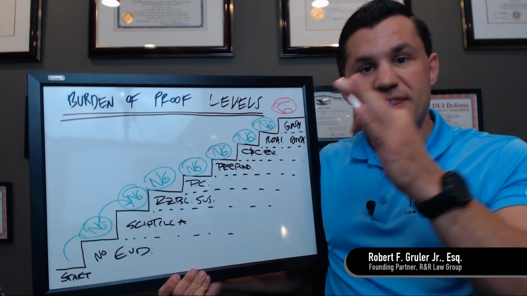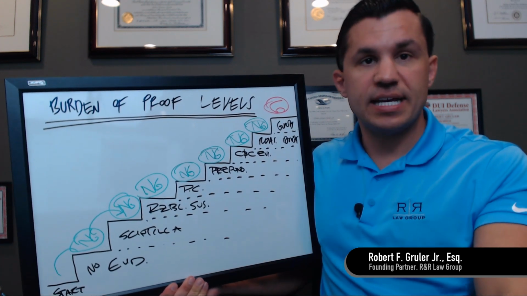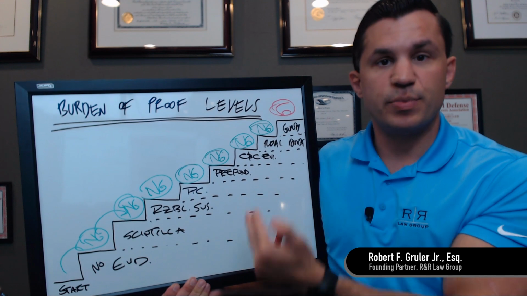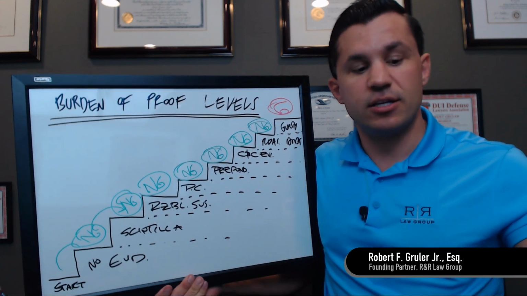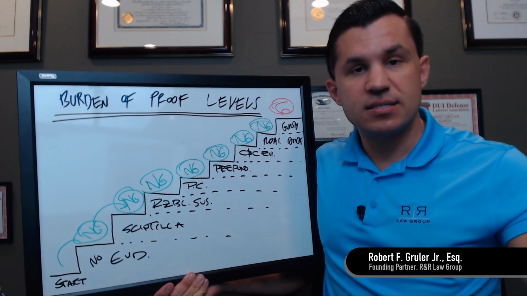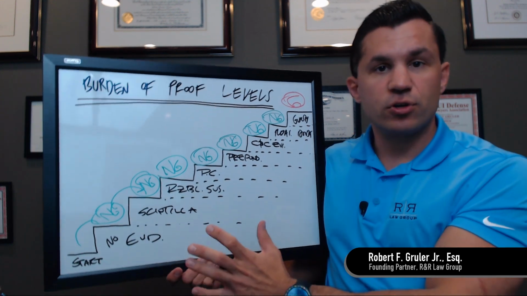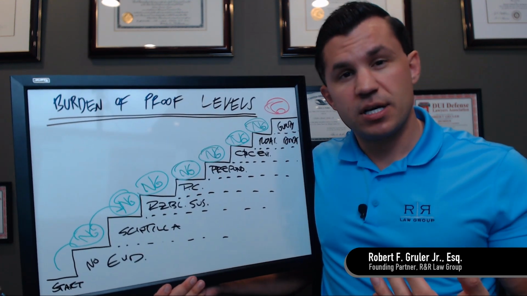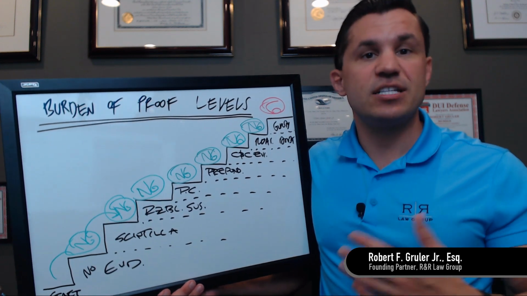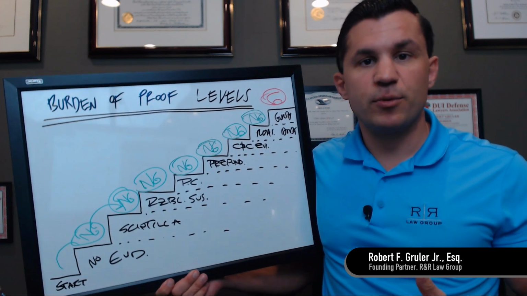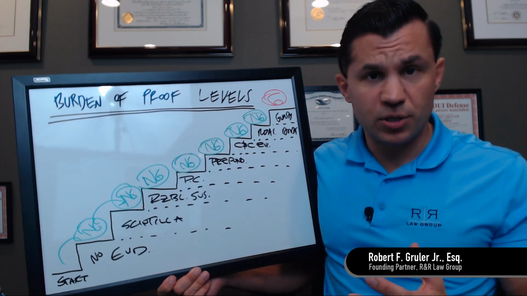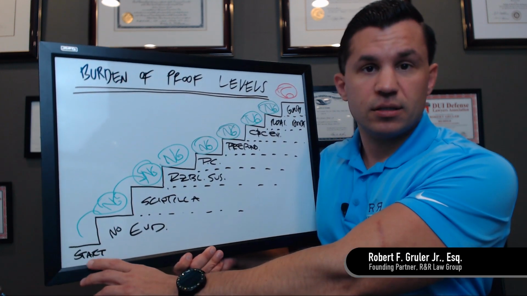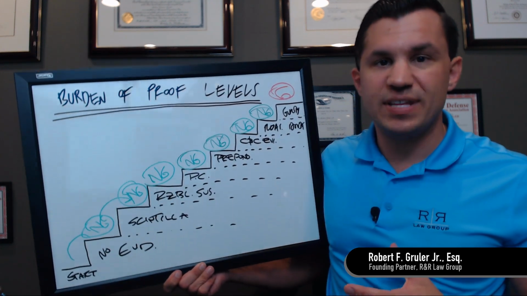Okay, so it's very important to understand that there are all of these different standards. Beyond a reasonable doubt is the highest in our law, and that means that the government has a lot of hurdles to jump through. So just because something may have happened, or just because you believe that the evidence is insurmountable, you have to remember when you start a case, any criminal case, you start down here. We don't have to disprove that anything happened.